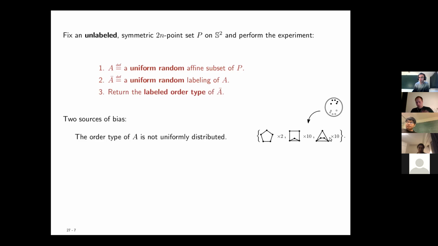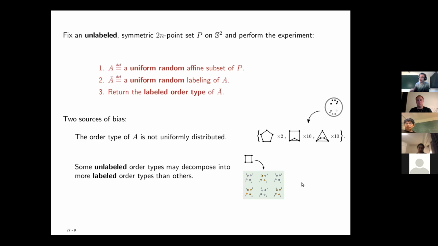So those two will be more likely than this one. Second, some unlabeled order types may decompose into more labeled order types than others. We already saw that earlier, right? 4 points in convex position give rise to 6 different order types when you label them, and a triangle with a point inside gives rise to 8 different order types when you label them.